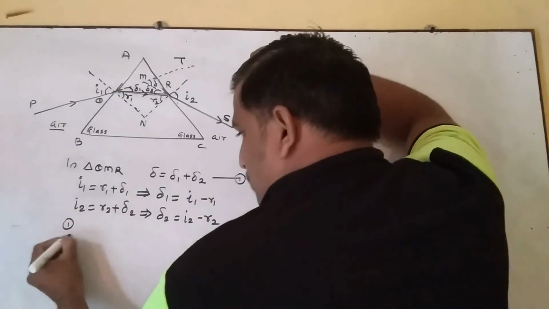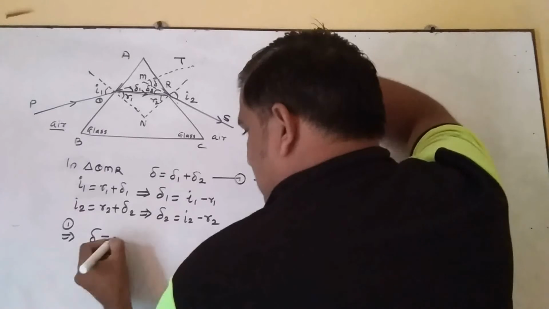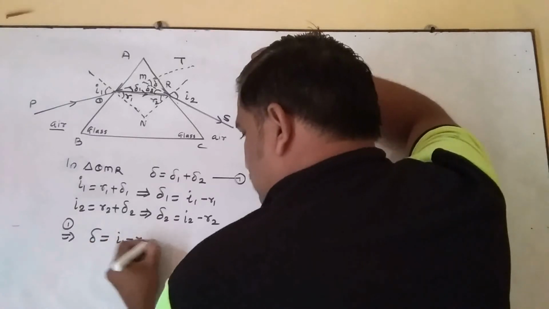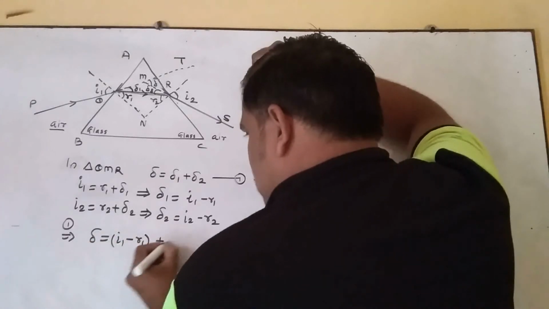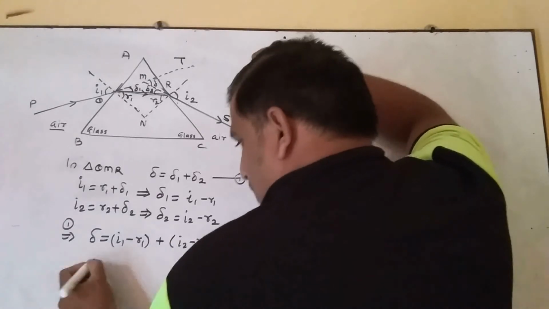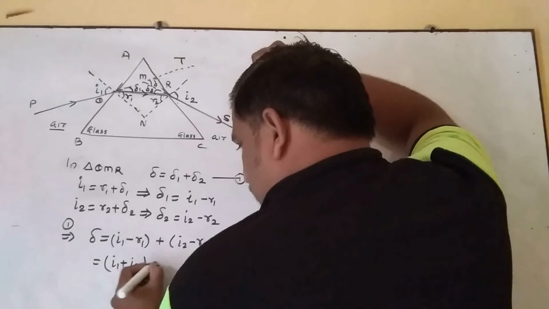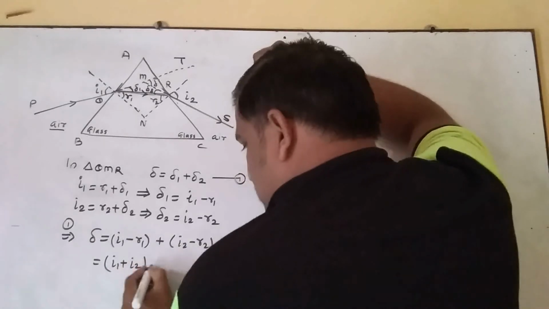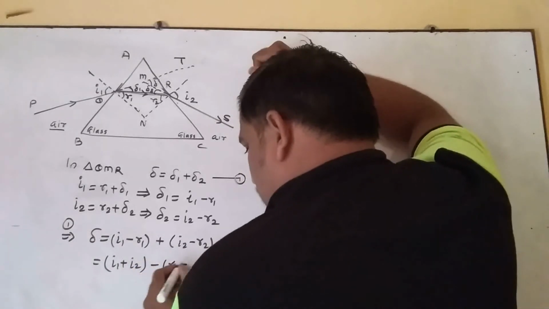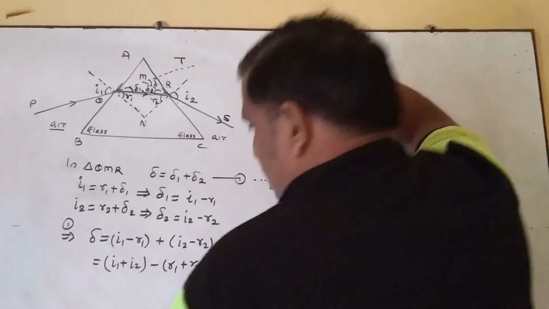Now putting this value into the first equation, delta gives us delta 1, that means I1 minus R1, plus delta 2, I2 minus R2. I get the equation delta equals I1 plus I2 minus, taking common, R1 plus R2. So this equation is second.